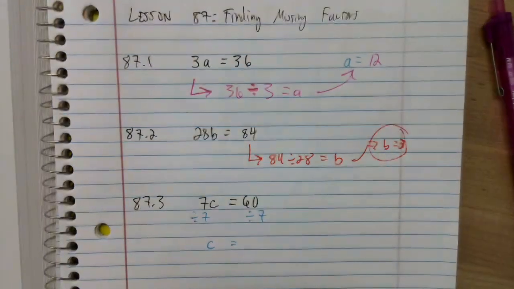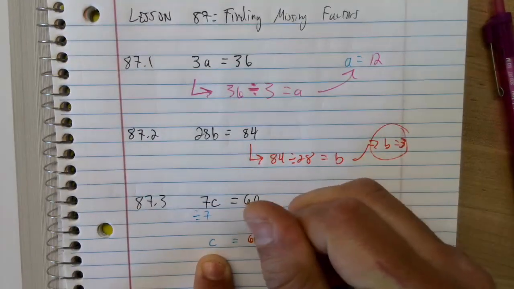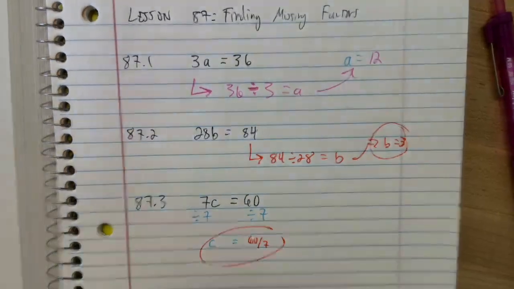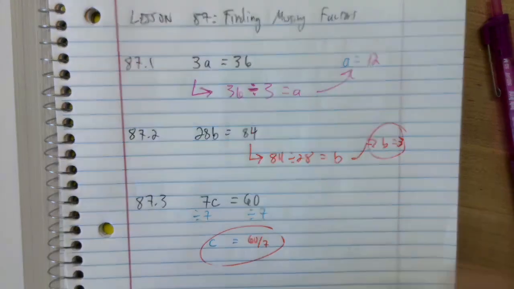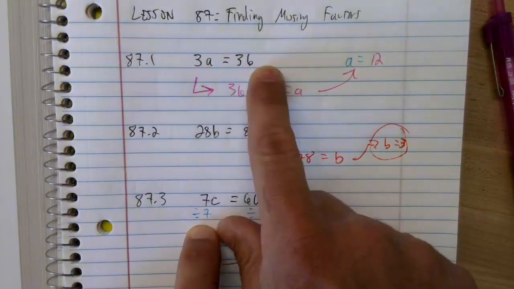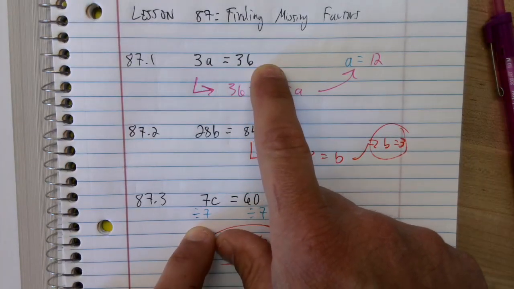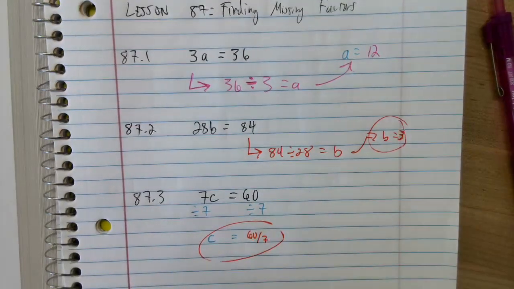It allowed me to figure out that c is equal to 67ths. There's no need to turn that into a decimal or a mixed number when 67ths is perfectly fine. Now, you don't have to do this in this class. You simply have to understand that you use division to solve multiplication, missing factors. But this is where you're going to go, so it's helpful to start thinking about it this way.